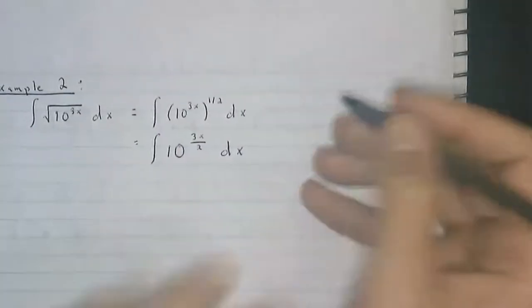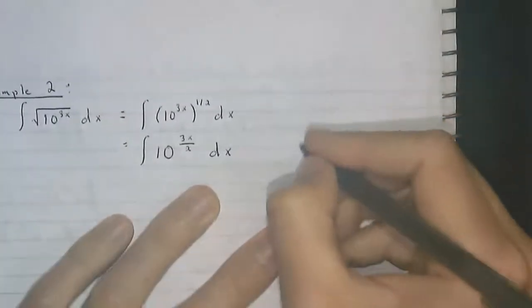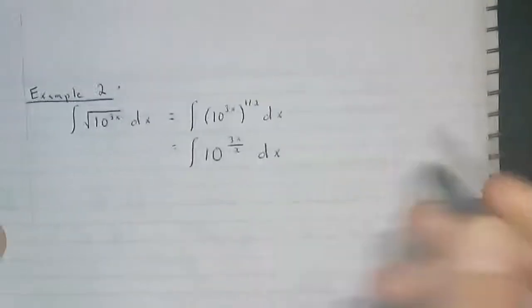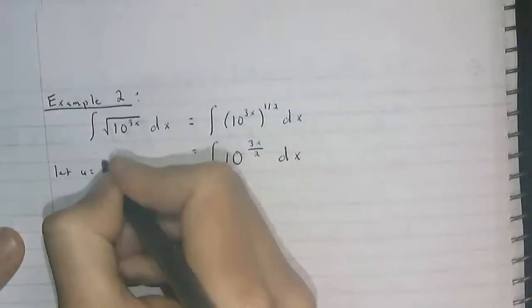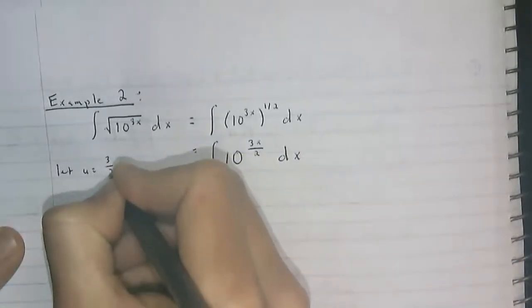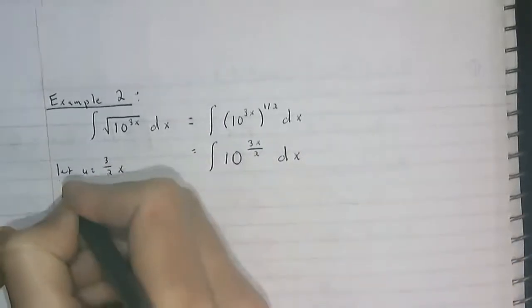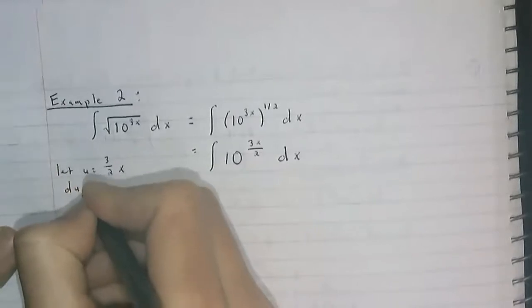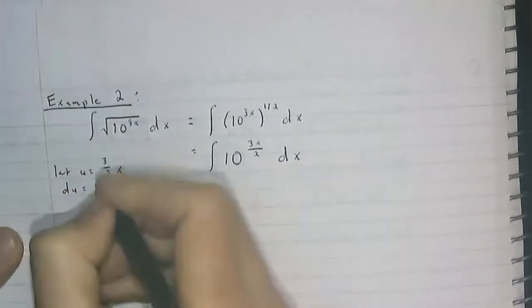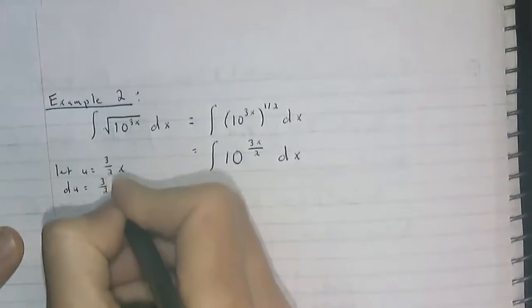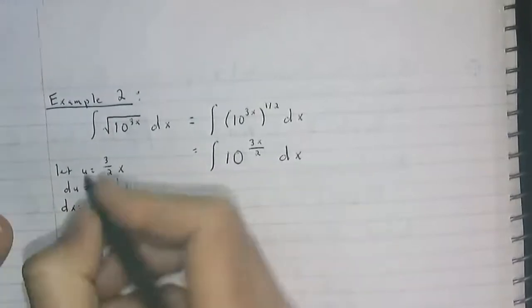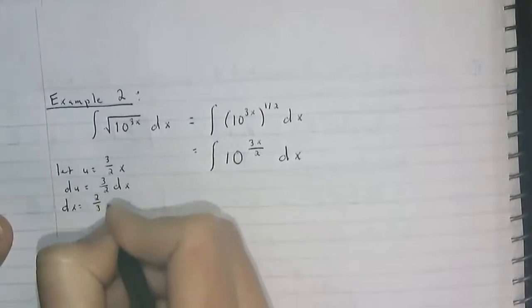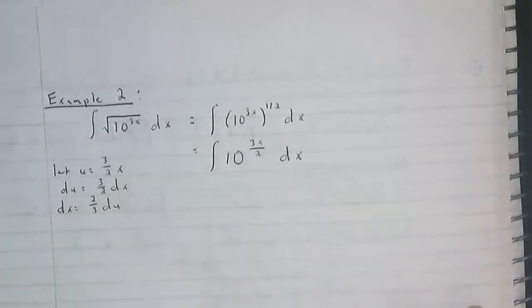And so we're going to take care of that by saying, off to the side here, let u equal 3/2 x, which means that du is equal to 3/2 times dx, which means that dx is equal to 2/3 times du.